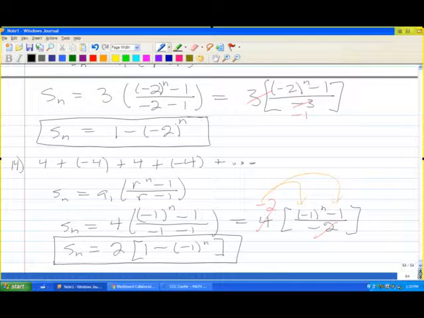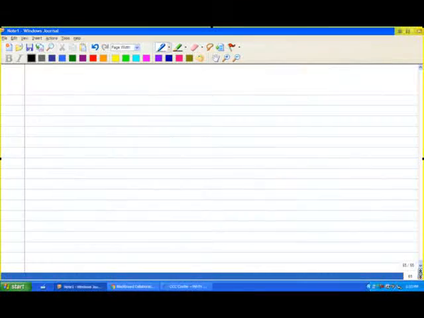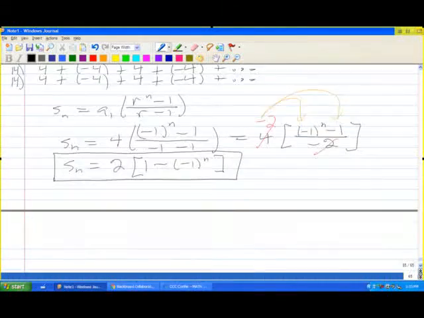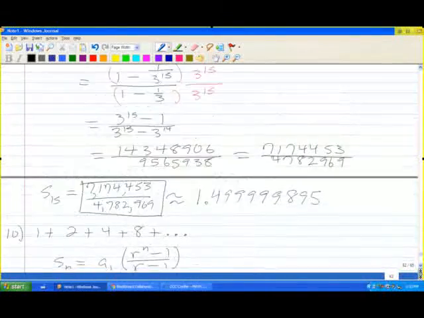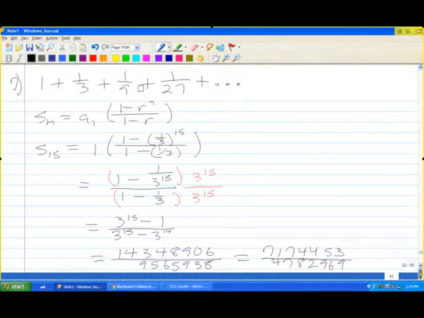Okay. Now note that in this case, if r was small, then this term, for n being large, is going to be exceedingly small.